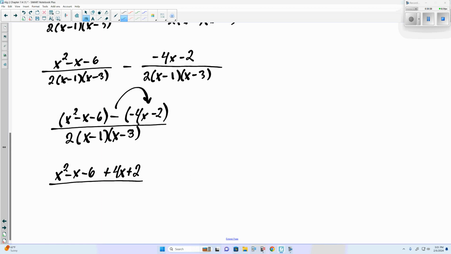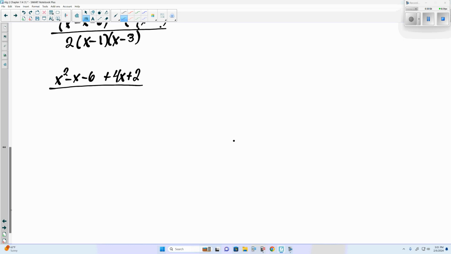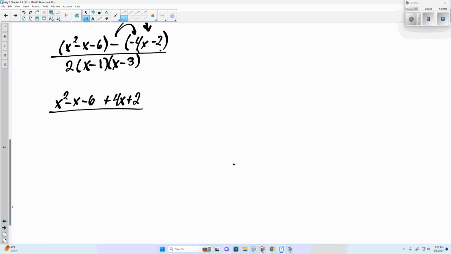I applied this negative to both the 4x and 2 because we're subtracting our negative 4x and we're subtracting our 2. Yeah, so we're applying it to both. So that's why it's important, especially on subtraction, to put those parentheses. But addition, we don't need it because the addition sign is not changing a sign. Subtraction is. And the denominator is still going to be this here.